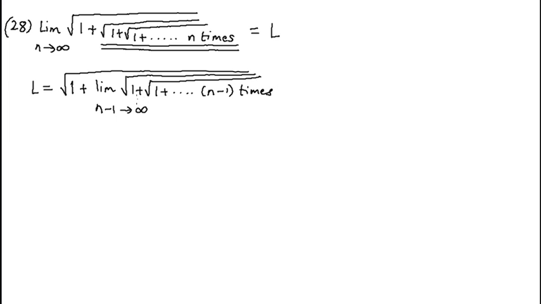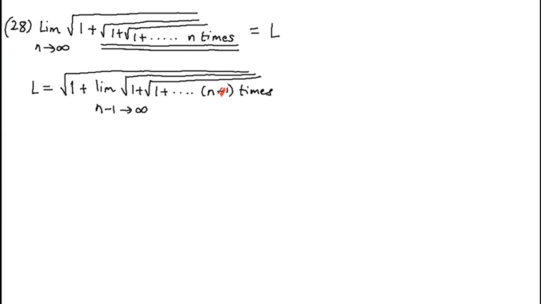Now we can observe two things. The first thing is, since the number of terms here is so large, in fact it tends to infinity, n minus 1 tends to infinity, we could have an additional term, an additional square root of 1 at the end over here, and it's not really going to affect the value of the expression.